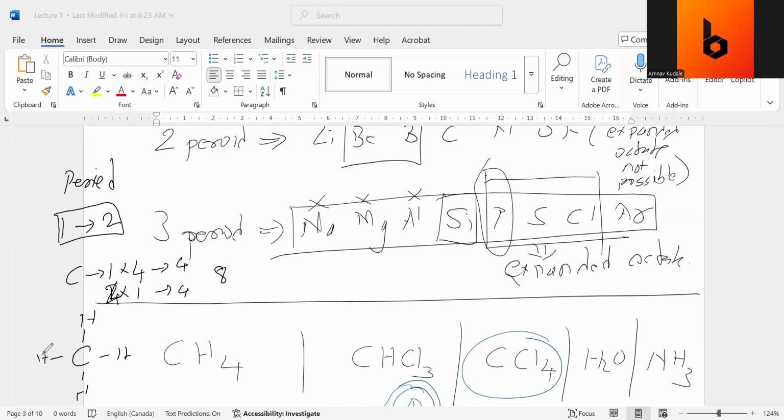And if you want to try that formula T, T would be carbon 1 into 8 and hydrogen 4 into 2, so that would be 16. If you do T minus V, it will be 8 and you know that there are 4 bonds. Try it for this.